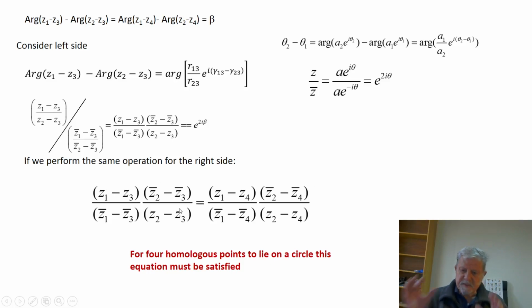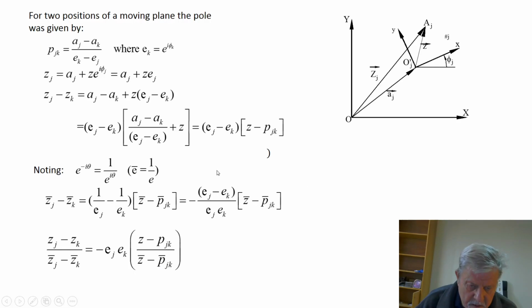This equation must be satisfied for 4 homologous points to lie on a circle. This is known as the circle point curve. It is a cubic equation. If you multiply it out, you will have, okay, let me show it like this. These are the coordinates of Z, the coordinates of the homologous points Zi.